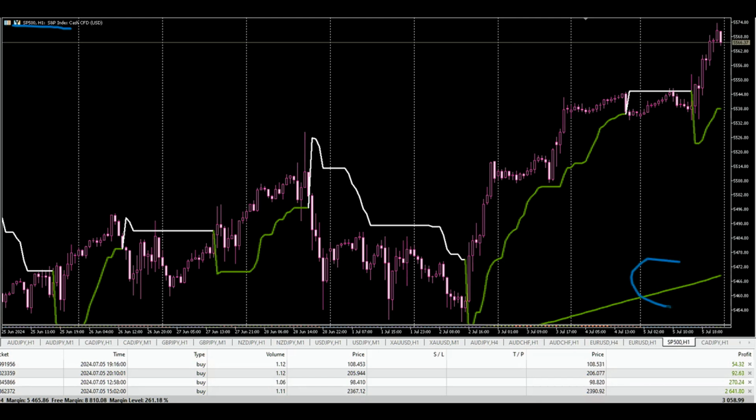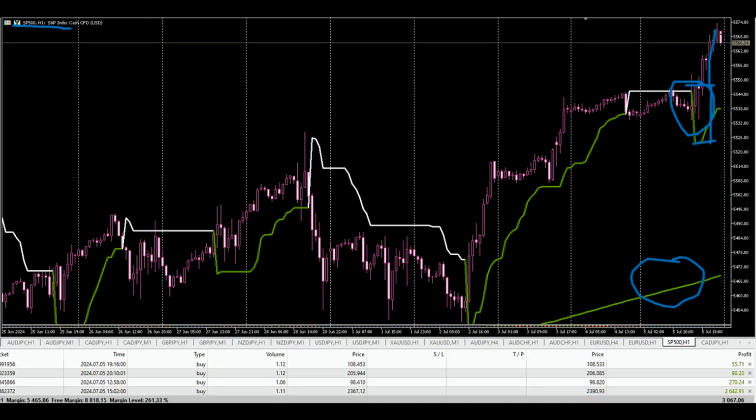Here we have a clear indication that the price is above the moving average, which is our criteria number 1. This is a live market. The moment this candle closes, you open your buy trade. Here is the point where you place your stop loss, and your take profit is 1 to 1.